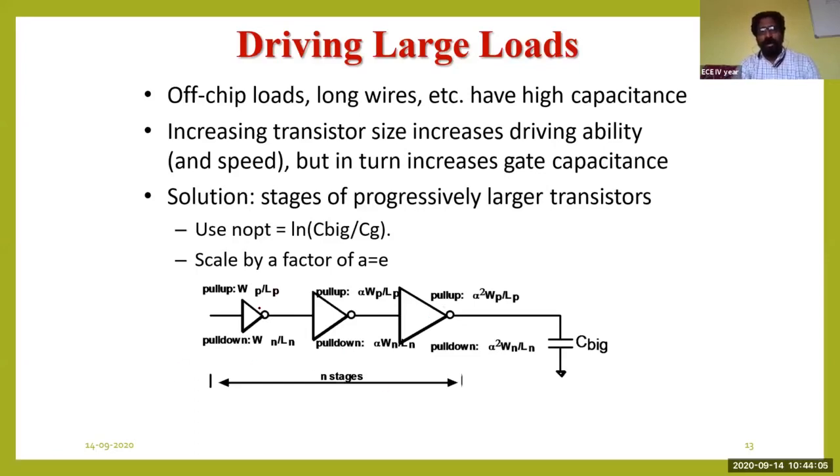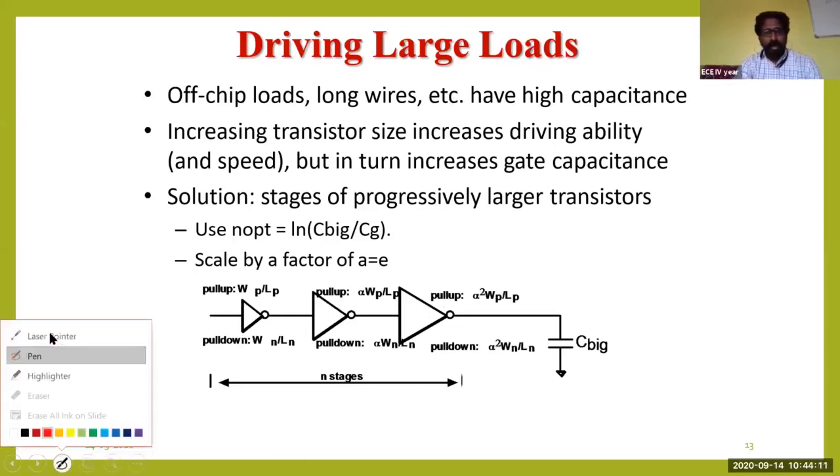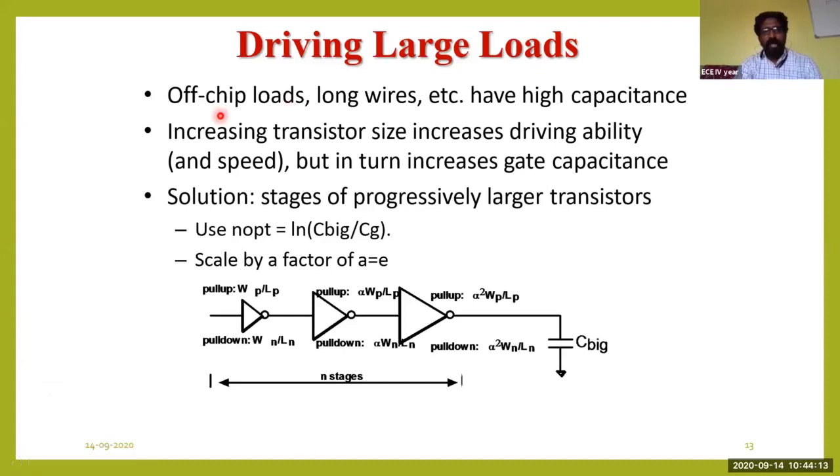So off-chip loads, long wires, etc. have large capacitances. Large capacitances are formed off chip, meaning in different chips which are not on one particular integrated circuit, or in long wires. Long wires also have large capacitances. Increasing the transistor size increases the driving ability and also the speed.